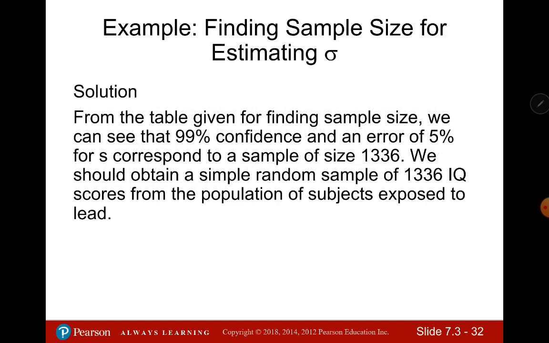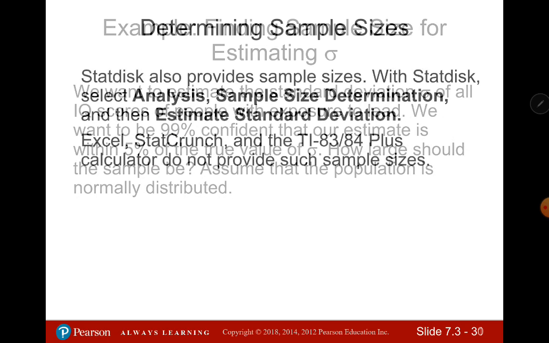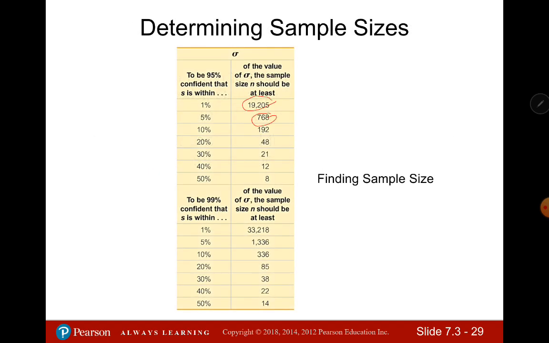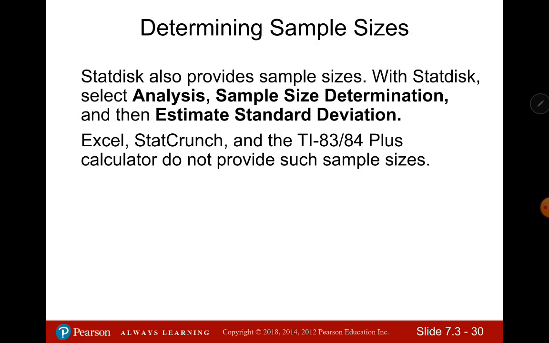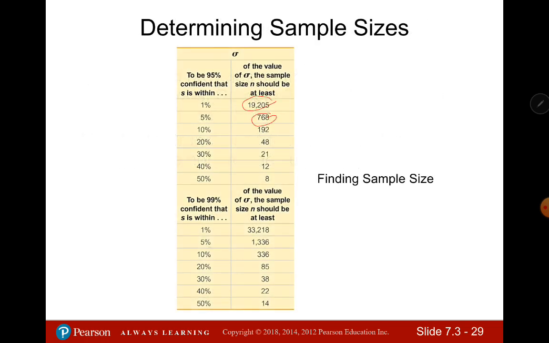So we could use the table, 99% confidence interval, so we check the bottom part, and the maximum error here is 5%, so we will find the minimum sample size we need is 1336.